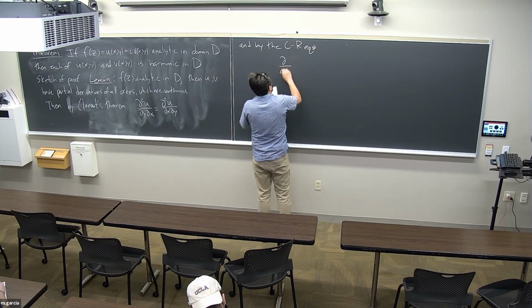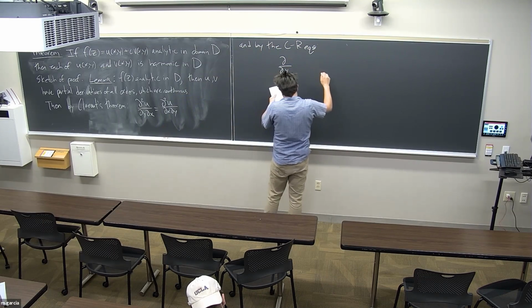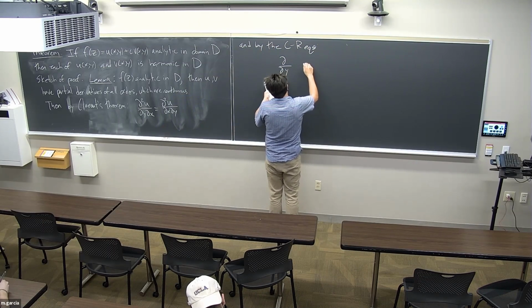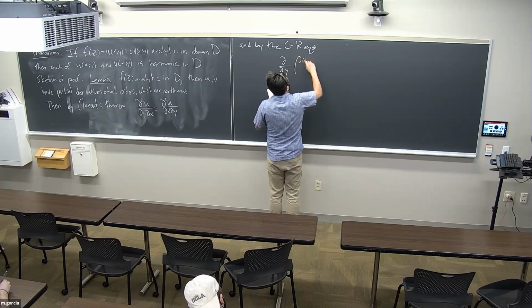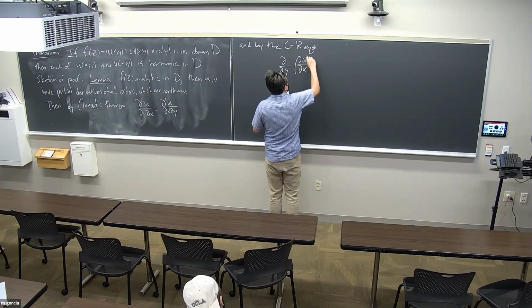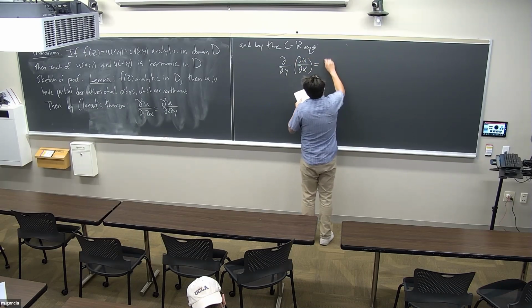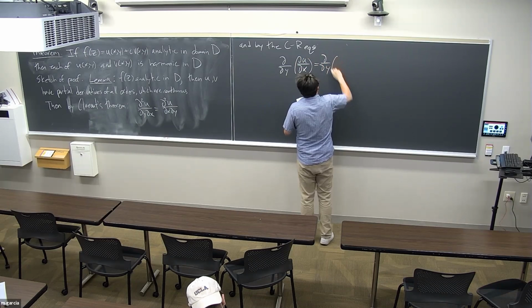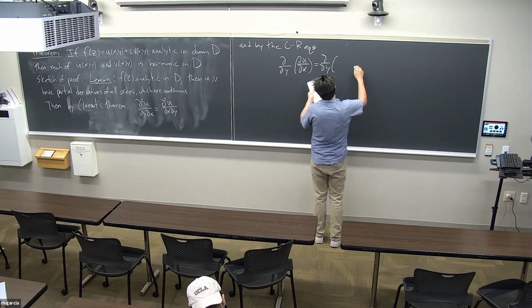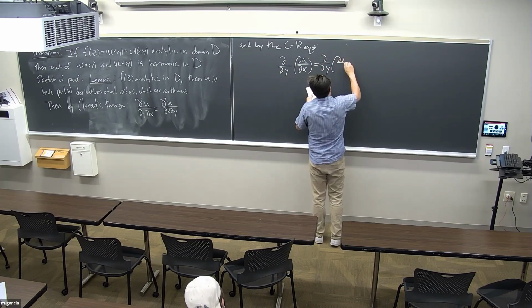d/dy of du/dx is just equal to d/dy of dv/dy, right?